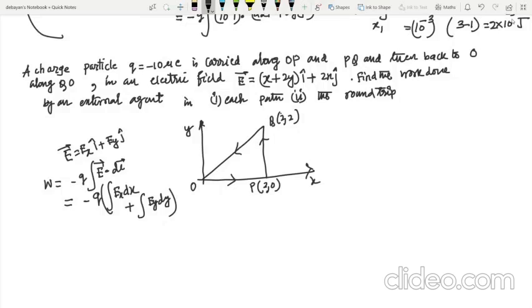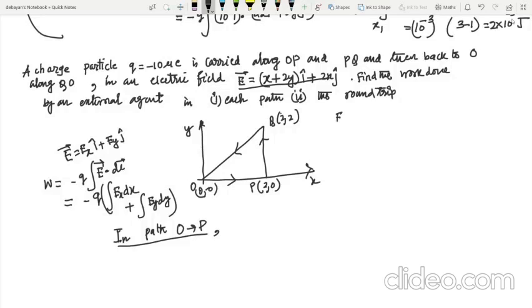Now you have to consider each and every part and find what the equation should be. If we consider this particular path, you have to find the work done for the path O to P. This is (0, 0), and in this case the displacement is along the x-axis, so the x component will work, because the electric field is given.